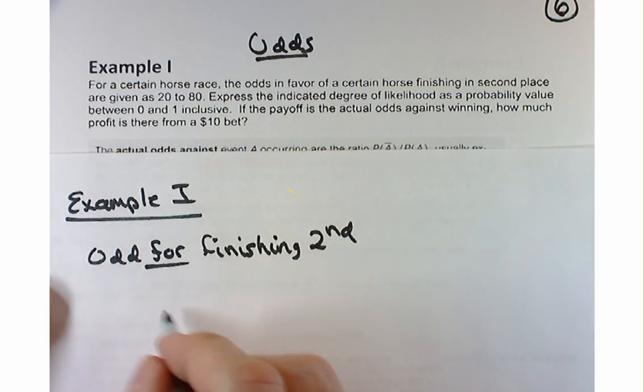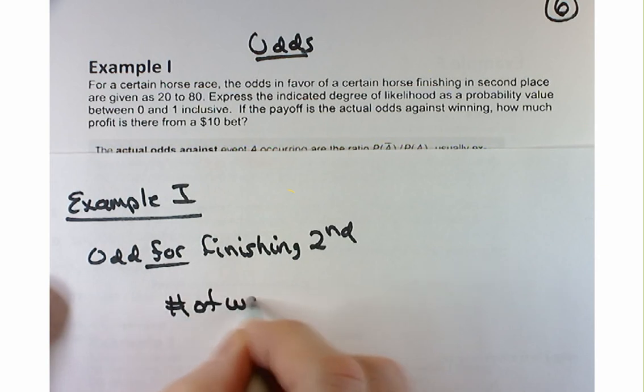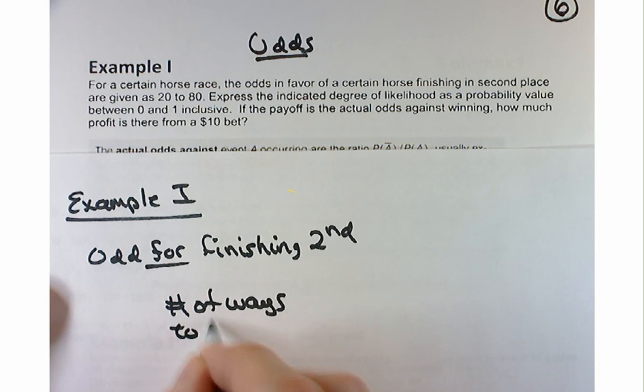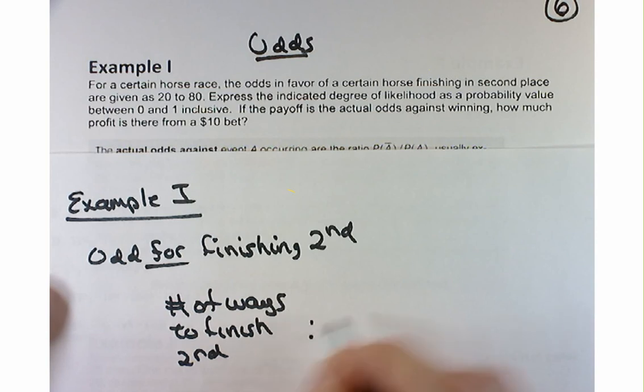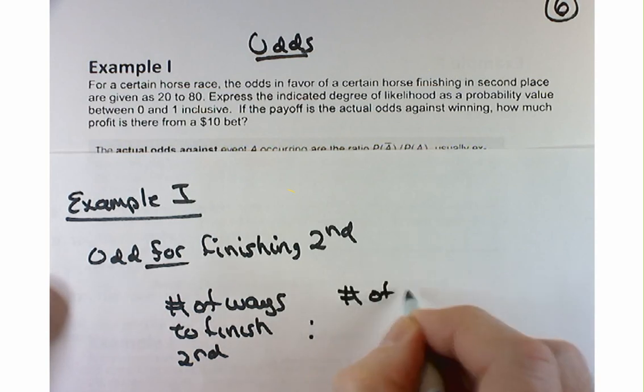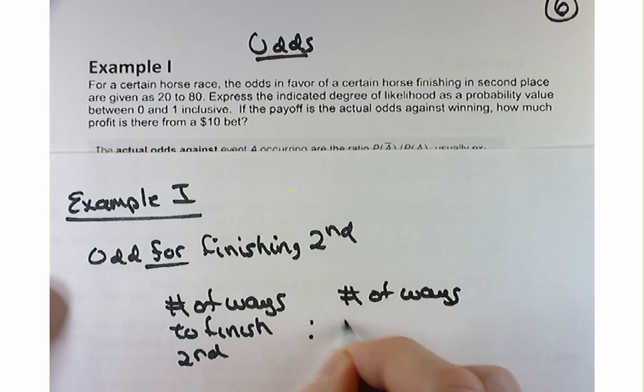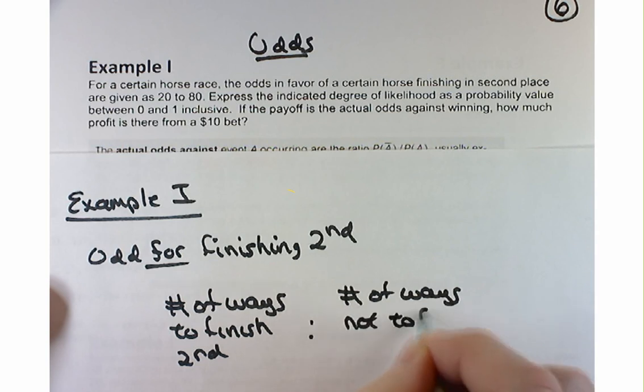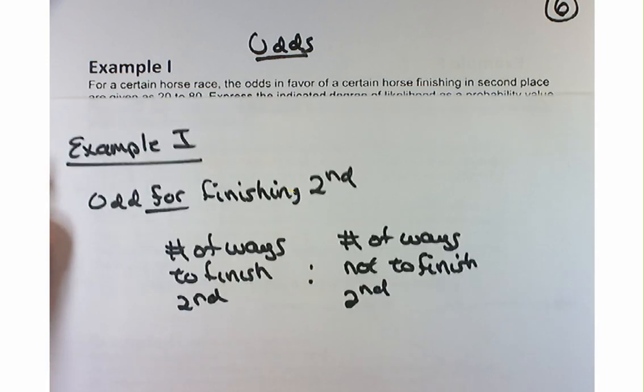So what you want to form the ratio of is the number of ways to finish second and the number of other ways. Number of ways not to finish second. So that's going to be your ratio.